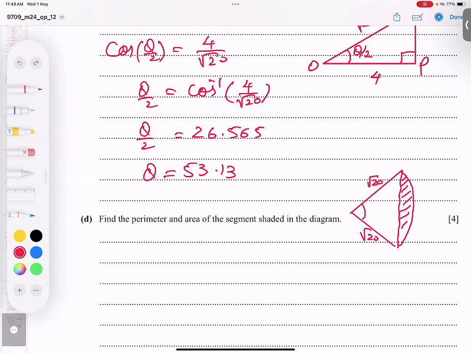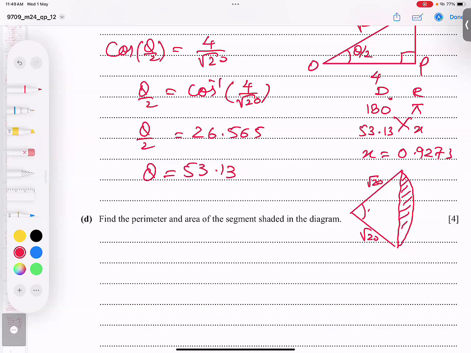If you convert it, you know it very well: 180 degree, D for degree, R for radian, is equal to pi. So 53.13 equals how many radians? That answer, if you type in the calculator, is coming 0.9273. I hope this is clear.